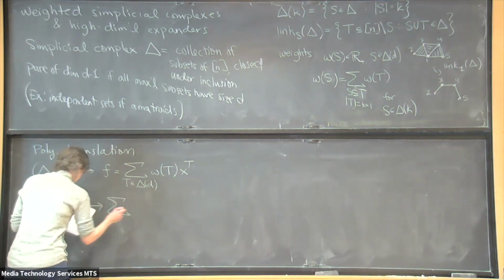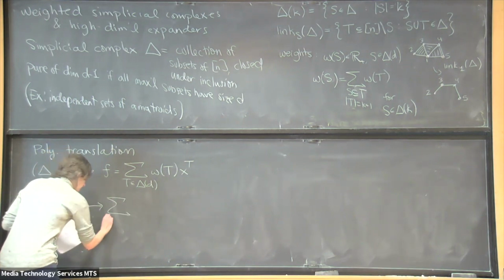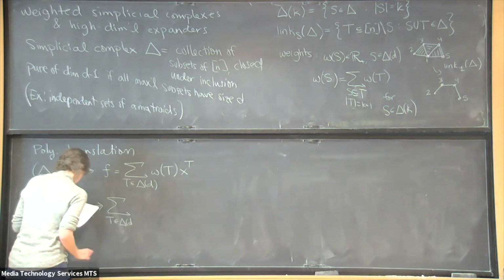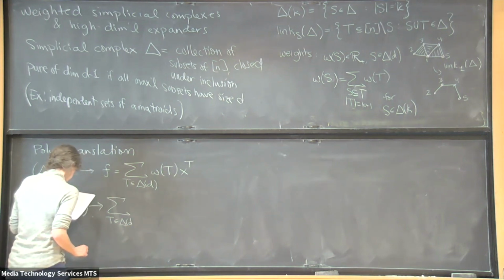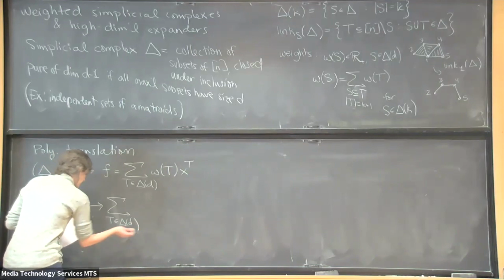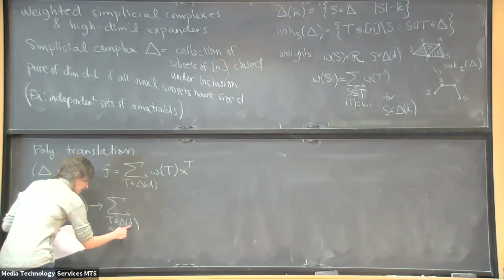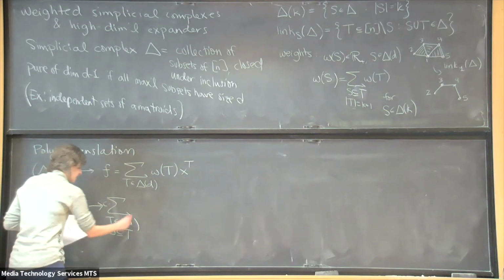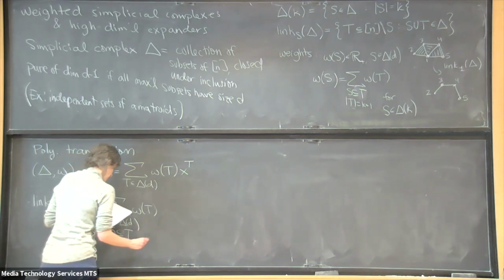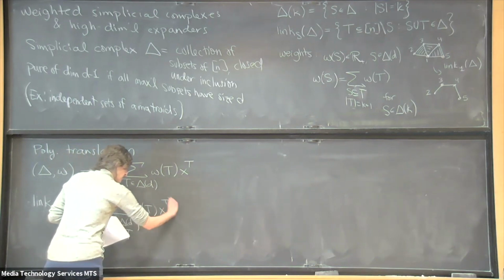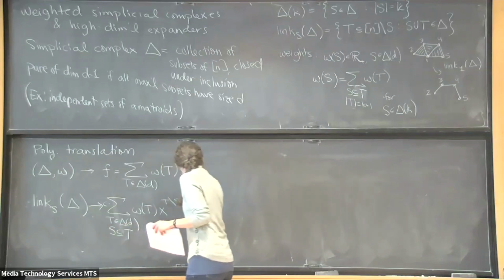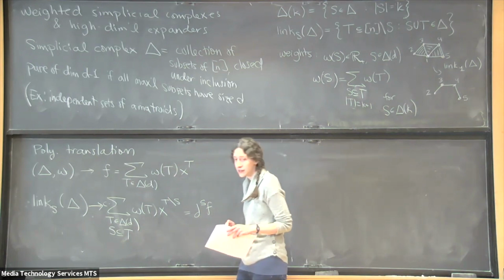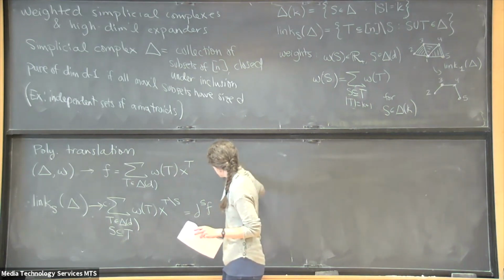The associated polynomial is, up to scalar, a sum over all top dimensional faces that contain S, of x to the T without S. And this is exactly going to correspond to taking the derivative with respect to those variables of my generating polynomial.